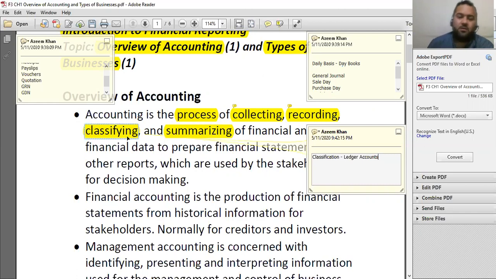Now after the classification, you will move to the summarization. It means you will have a summary of your records. Now if someone is asking me for the income statement, and what I'm doing is going to my store, collecting all the records which I have maintained in one year, bringing the files and placing them in front of that user.